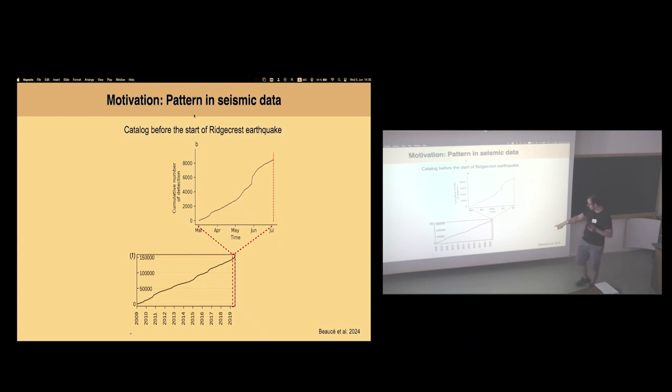This is a catalog from 2009 until 2019, before the start of the sequence, with a different method based on the paper of Eric Boué. And if we take a look at only a few months of data before the start of the sequence, we can see that there's an acceleration in the number of events.